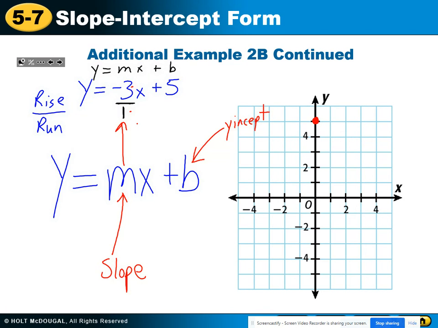That's fine if you're saying we don't get it, but I have to have you try to get it. -3 means I go down 1, 2, 3. +1 means I go over 1. If I could draw the line, then I can connect my 2 points and I have my line, right?